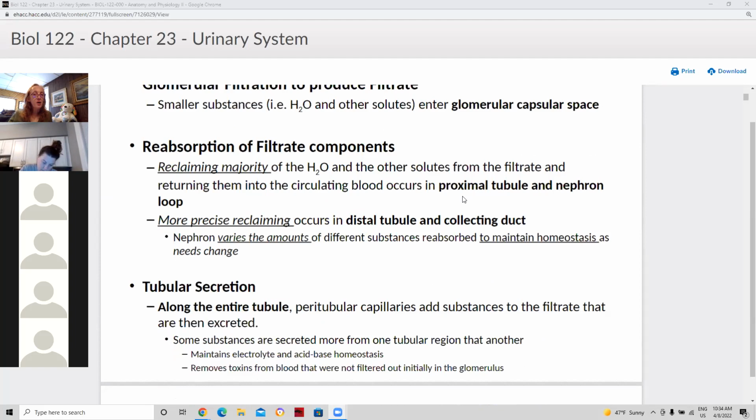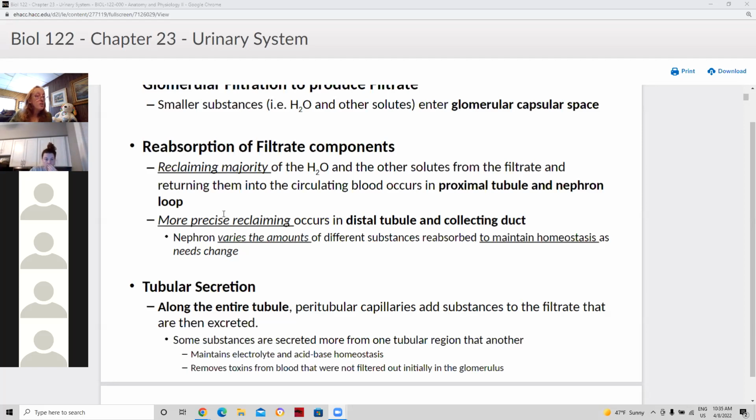This is going to occur in the proximal convoluted tubules and the nephron loop. The reabsorption that occurs in the proximal tubule and nephron loop is not very specific. Most of what is filtered will get reabsorbed here.